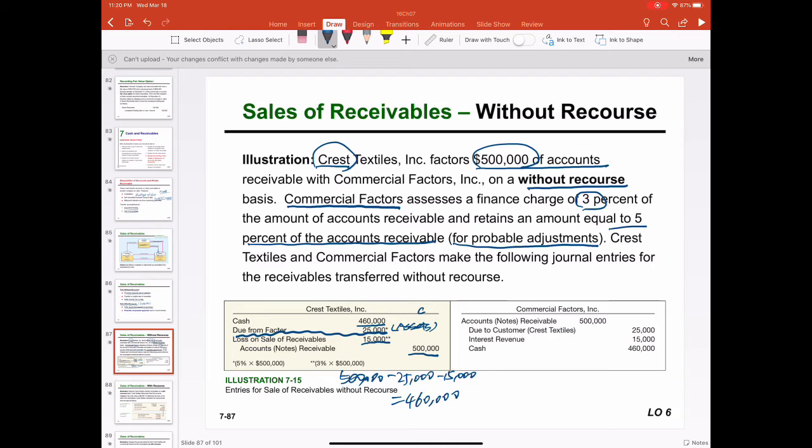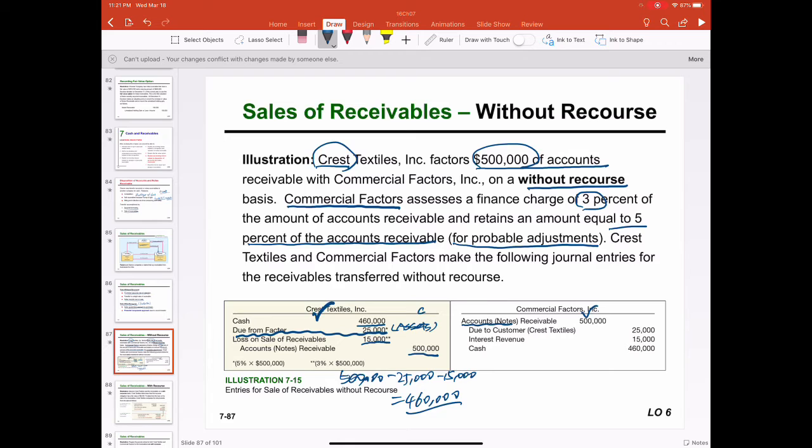So the net is $460,000. This is the journal entry recorded by the firm. For the commercial factor, its journal entry just matches the journal entry by Chris.